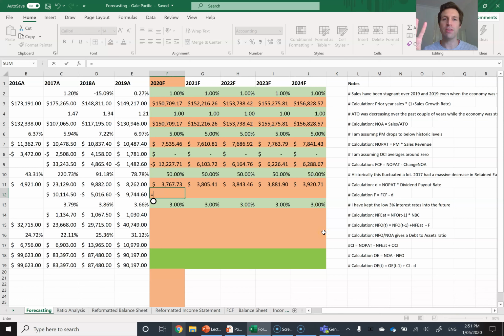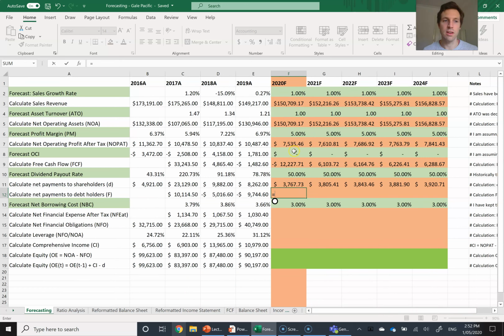Free cash flow can either be paid to shareholders, D, or free cash flow can be paid to debt holders, which is the F. So if free cash flow has two uses, either payments to debt holders or payments to shareholders, the formula to figure out the payments to debt holders is equal to the free cash flow minus dividends. Free cash flow minus the dividends I've paid.